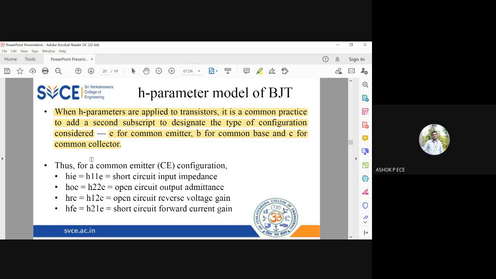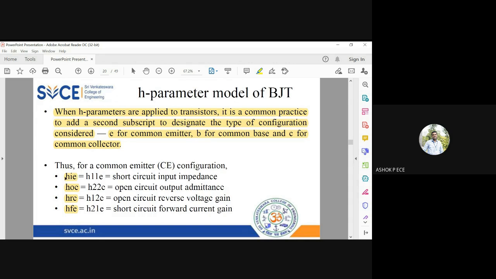So see here, in general it is HI, but when you have common emitter, it becomes HIE. In general it is HO; for common emitter, it becomes HOE. In general it is HR; for common emitter, it becomes HRE. In general it is HF; for common emitter, it becomes HFE. So whatever configuration you are going to use, you'll be suffixing that letter along with these H parameters.